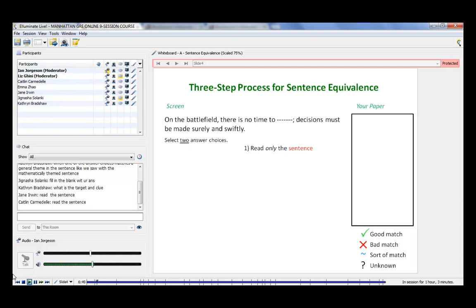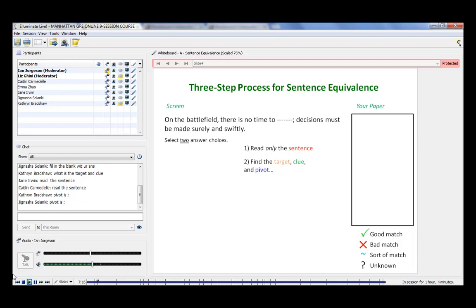All right, so we've read the sentence, and you guys all had it. The next thing is to try to find the target, the clue, and the pivot. In this particular problem, the target is a little bit abstract, but we'll get to that in a second. What do you guys think the clue and the pivot are? Yeah, Catherine, I'd agree with that.